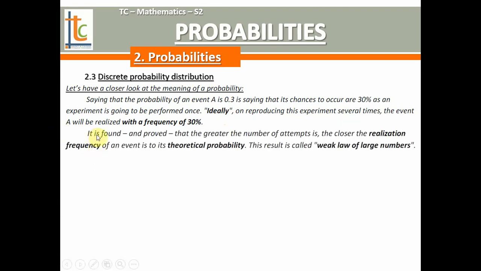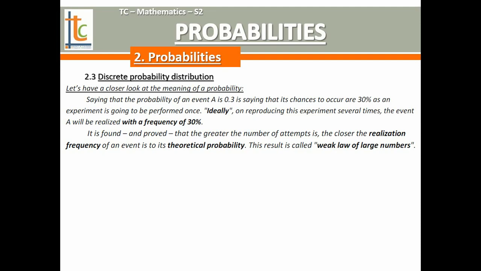So let's sum up by this sentence. It is found and proved that the greater the number of attempts is, the closer the realization frequency of an event is to its theoretical probability. So the realization frequency is the percentage of occurrence of the event A that is real. That's your real percentage. And as the number of attempts tends to infinity, this realization frequency tends to the probability.